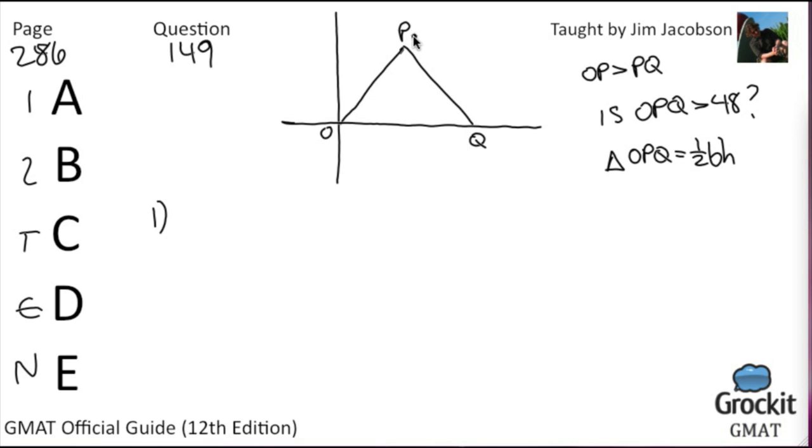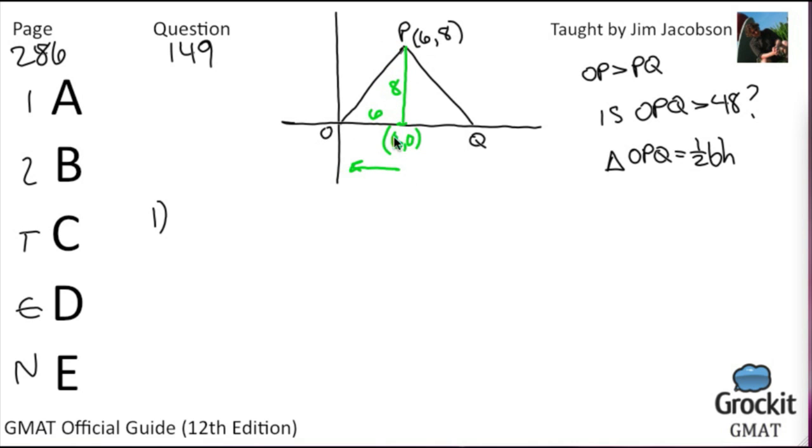So point P is 6, 8, which means we have an imaginary point down here. We'll put our imaginary lines in green. So this is 6, 0. Which means that the height of half of the triangle is 8, and the base of half of the triangle is 6.